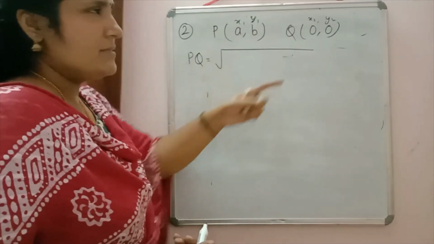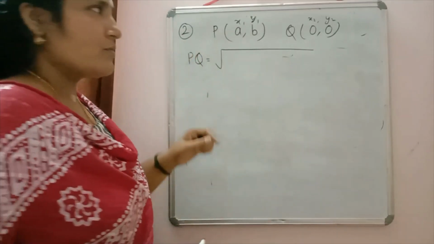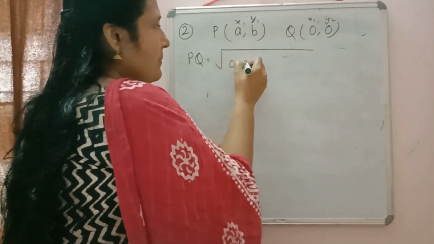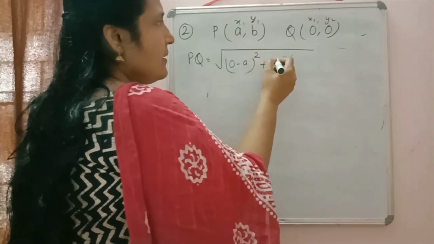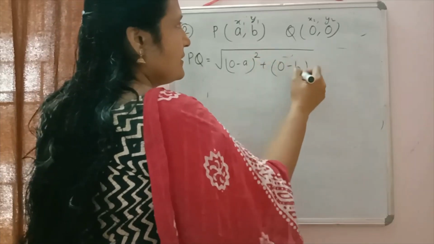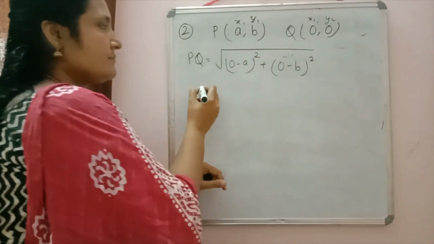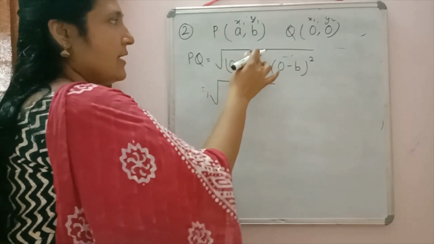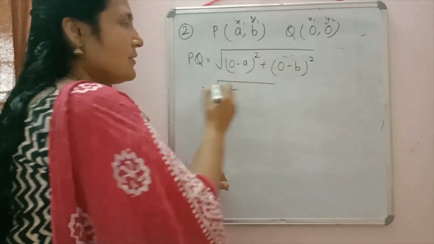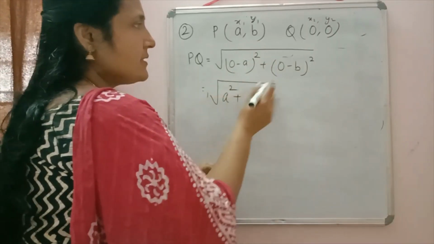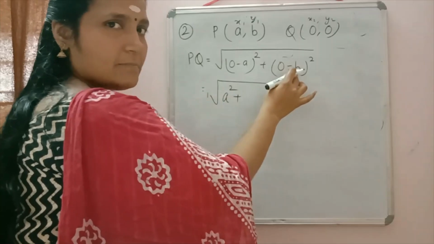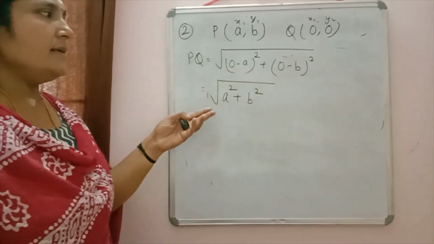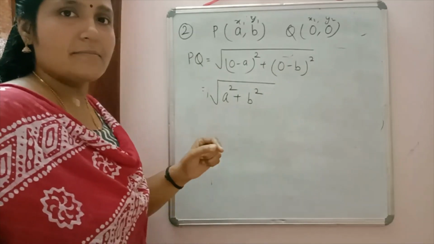So I am using x2 minus x1 the whole square, because the answer will come the same only. 0 minus a the whole square plus 0 minus b the whole square. 0 minus a will be equal to minus a, and minus a the whole square will be equal to a square, plus 0 minus b the whole square will be equal to b square. So the answer is square root of a square plus b square.